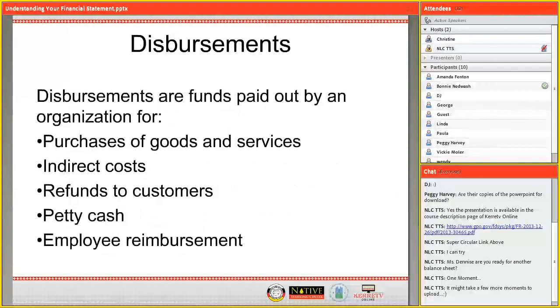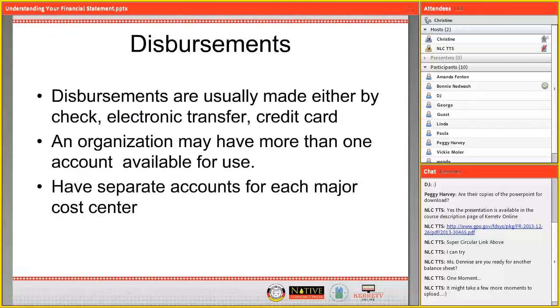Okay, disbursements. Disbursements, expenditures, pretty much the same thing. Not 100% always, but pretty close. Disbursements are just funds paid out for purchases, maybe indirect costs, maybe refunds, maybe an employee reimbursement, petty cash reimbursements, usually made by checks, electronic transfers, or credit cards.